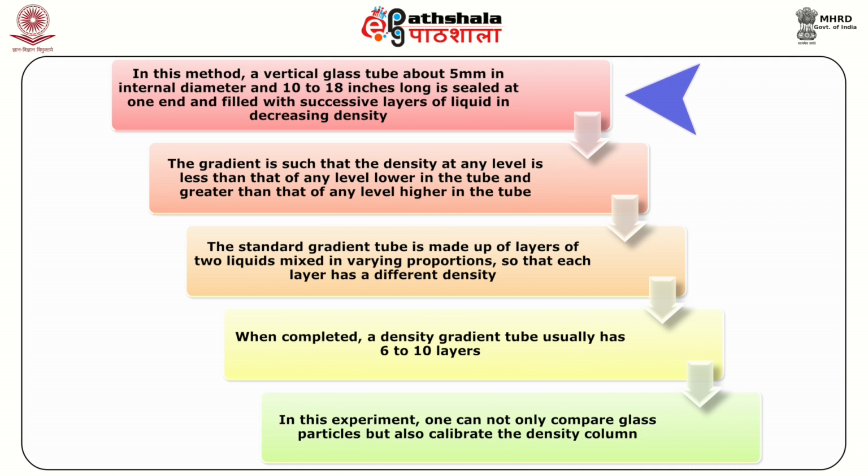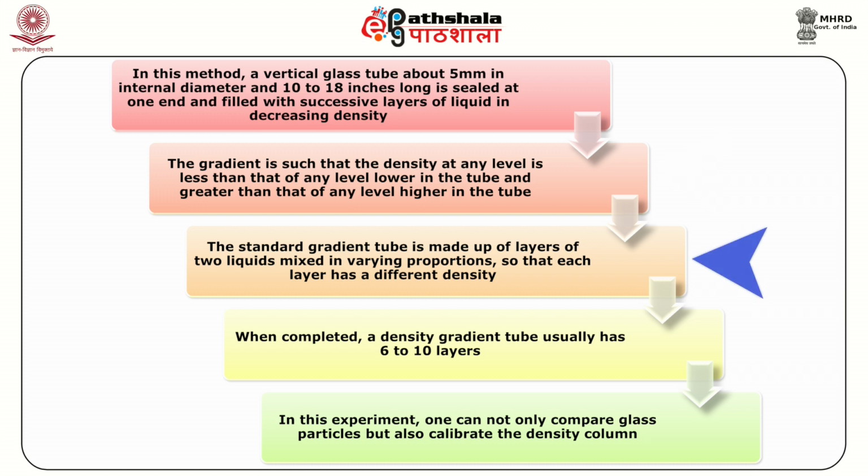In this method, a vertical glass tube about 5 mm in internal diameter and 10 to 18 inches long is sealed at one end and filled with successive layers of liquid in decreasing density. In other words, the gradient is such that the density at any level is less than that of any level lower in the tube and greater than that of any level higher in the tube.